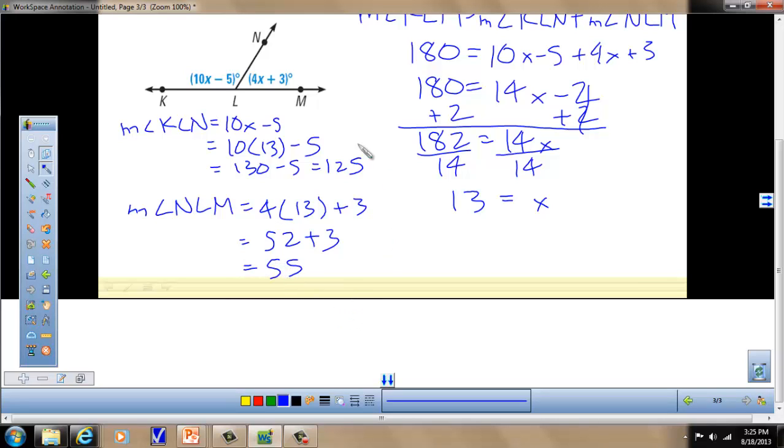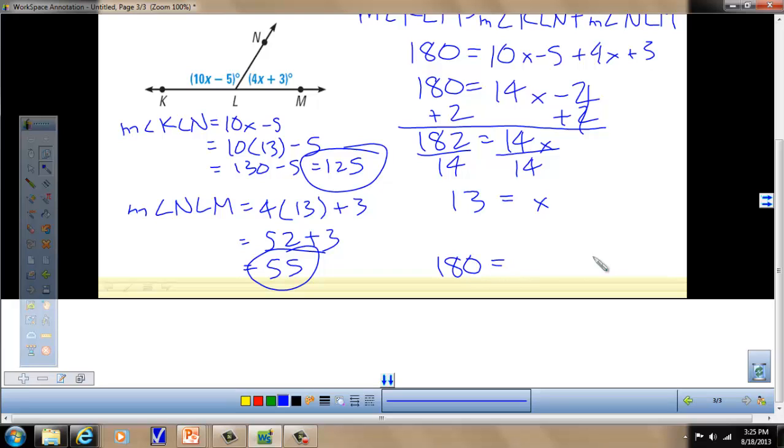The reason I knew that was wrong is because these two answers should add up to 180. So when I did it before, I had 180 is equal to 125 plus, I had 45. And when I added these, I got 170. Therefore, I knew I must have done something wrong here.